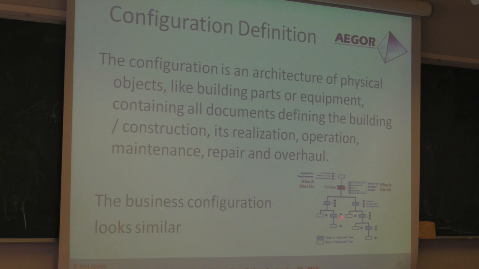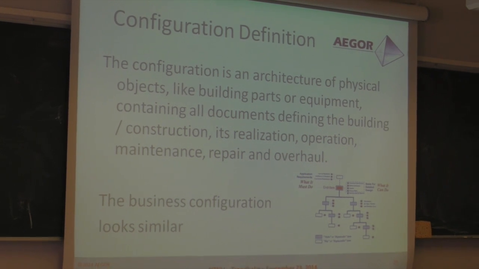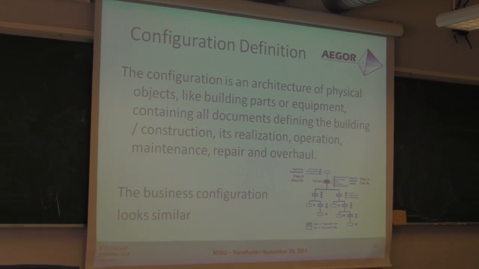You see these little dots. That's the configuration. You put in all the documents defining building, construction, operation, maintenance, repair. Every document has to come into this. And we can construct a business configuration which looks similar. And this is the thing we need to manage.